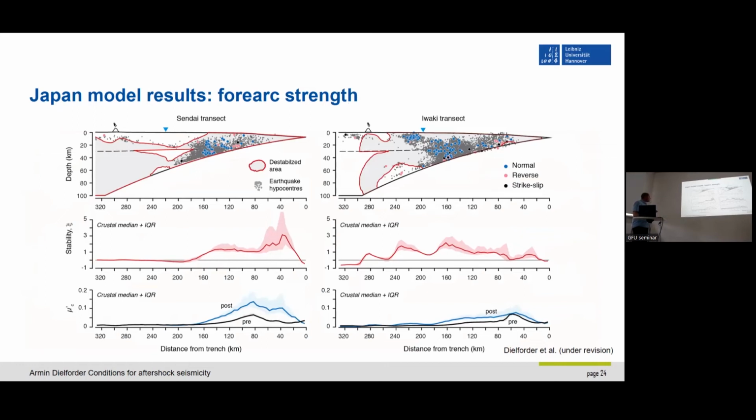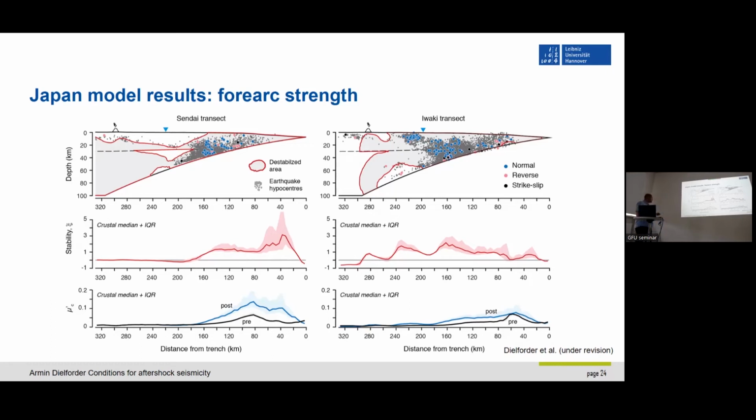Here you also see now the value of the stability calculated again for the crustal average, for the main slip area and for the southern slip area. And you can see that there are some differences and similarities. The differences we see are that very close to the trench, we have relatively high values of this parameter C, which would mean that there the conditions are very favorable to drive aftershocks.